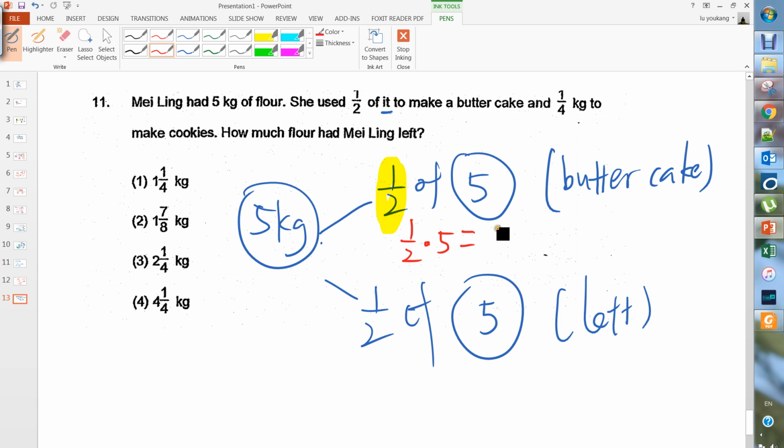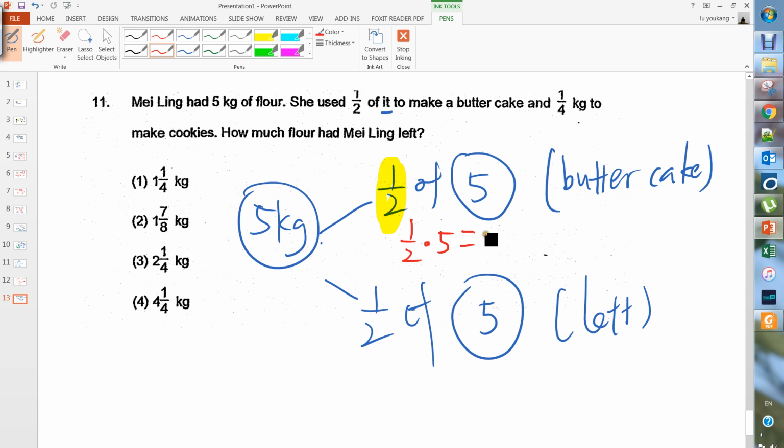I want what? Never give me this kind of number, which is called an improper fraction. I want a good, simplified one. What's the simplified version of 5/2? You know how to press or not?